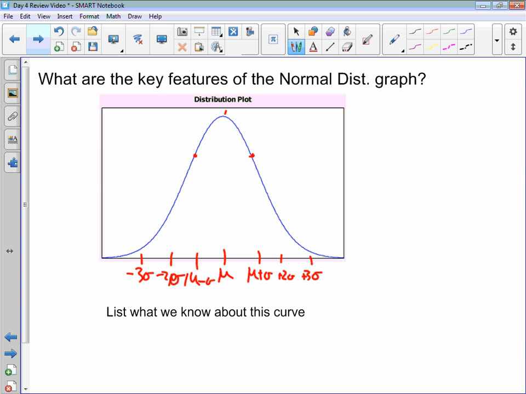The total area under the curve is 1. But we also know that between this point and this point is 68% of the graph, or 68% of the individuals in the data set.